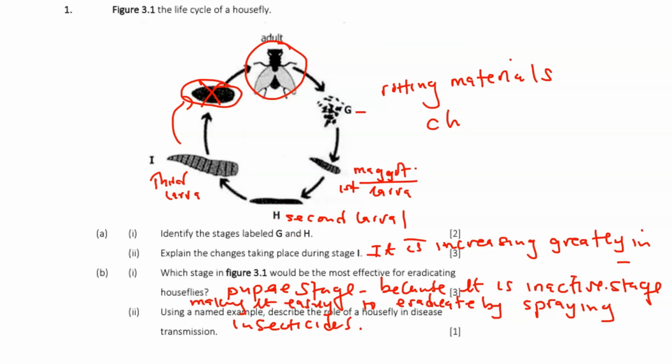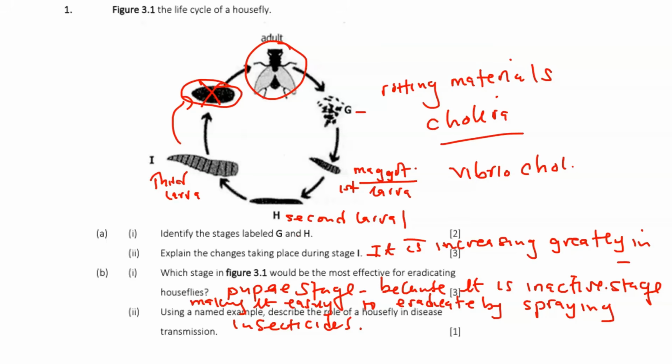Cholera is one of the diseases spread by flies, and the bacterium that causes cholera is called Vibrio cholerae, in case you are asked this question.